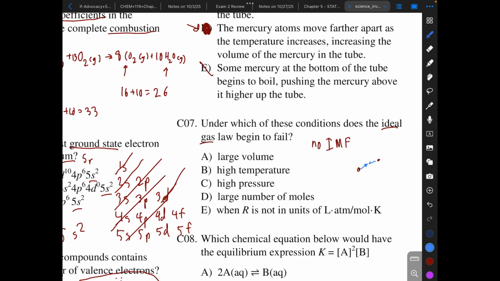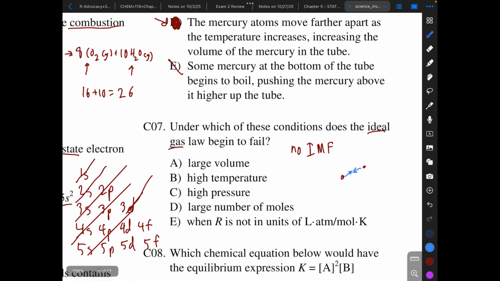Now, how do we prevent those? Let's think of it logically. When you have two atoms that are very far apart, the force between them is not very strong. They're just too far to interact. Think about the gravitational force between objects.